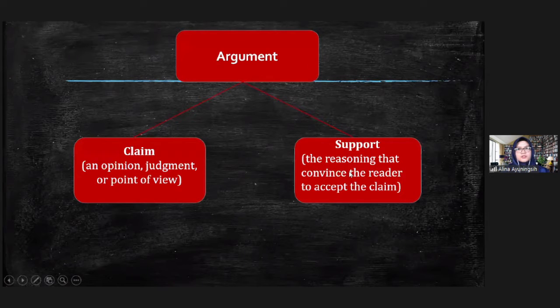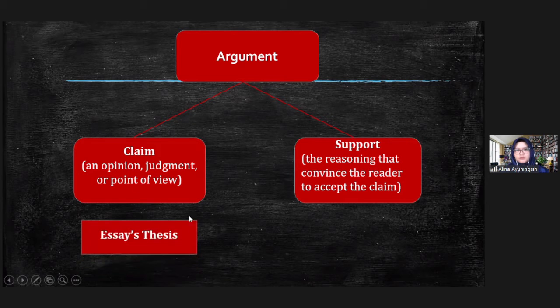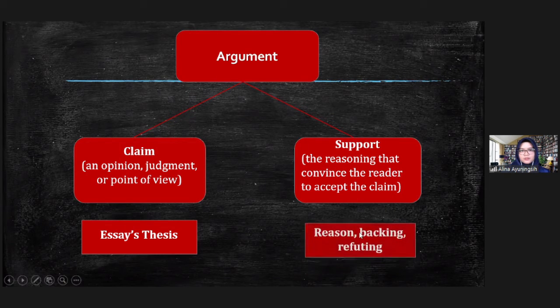The support here is like a reasoning or statement or sentences that should be acceptable for the reader to understand and accept our claim or thesis statement. Basically, there are three types of these supporting details. We have reason, backing, and refuting.